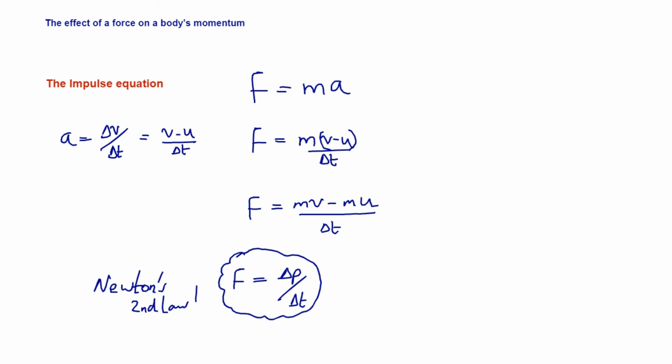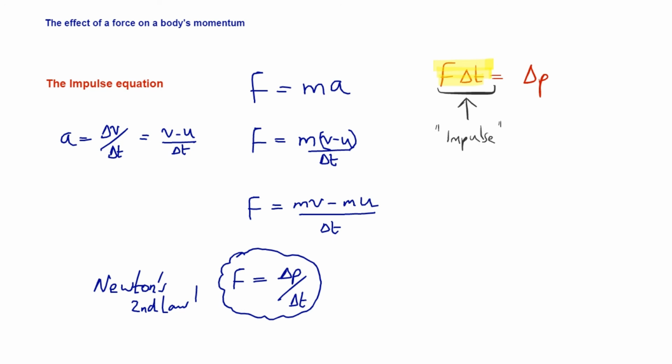I'm going to rewrite that in a different way around: F delta t equals delta p. Why am I writing it that way around? Because this F delta t is what's known as impulse. This thing here, force times time, is called impulse.